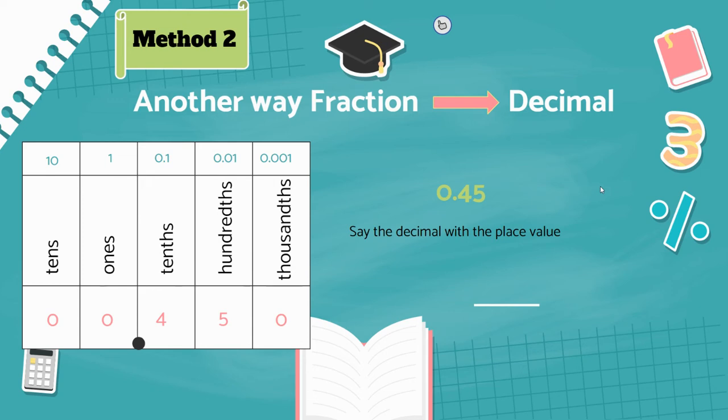So if you read this decimal correctly, you would read the number up there, which is 45, and then you say whatever digit is last, the place that it's in. So our 5 is our last digit, and the 5 is in what place? The hundredths. So we would read this as 45 hundredths. I want you to write down the words 45 hundredths.